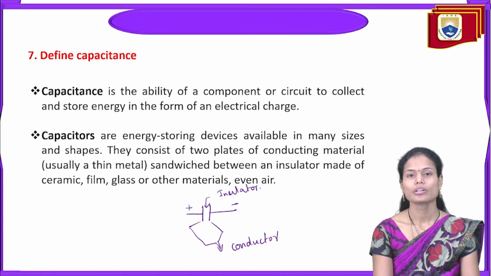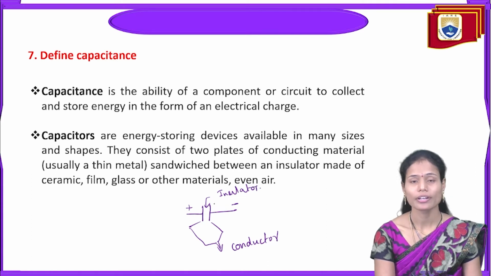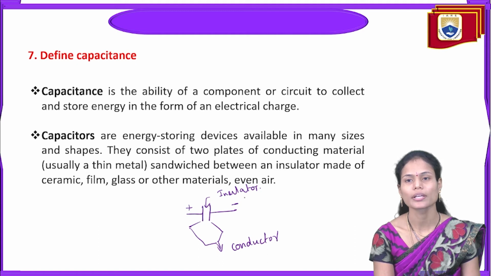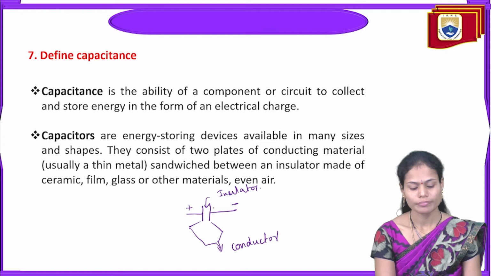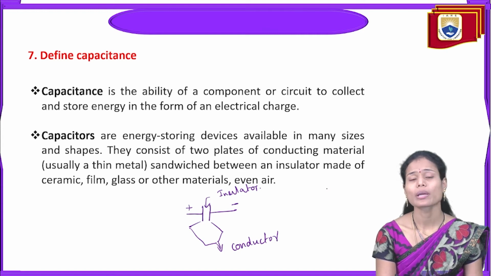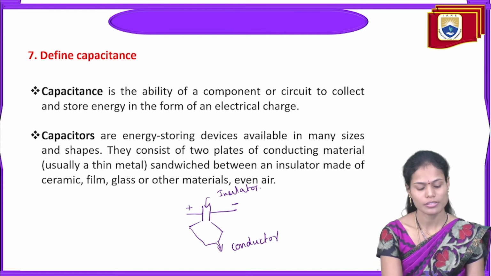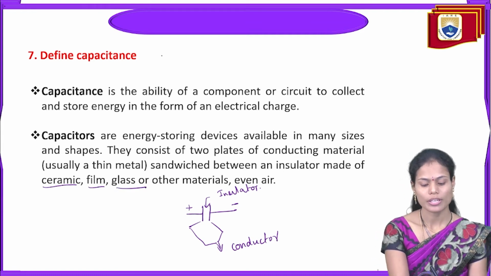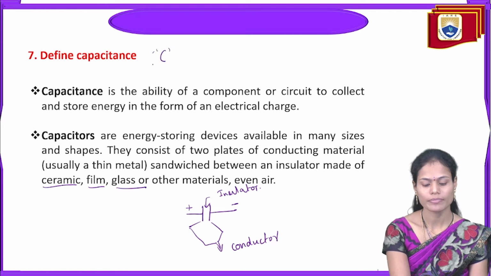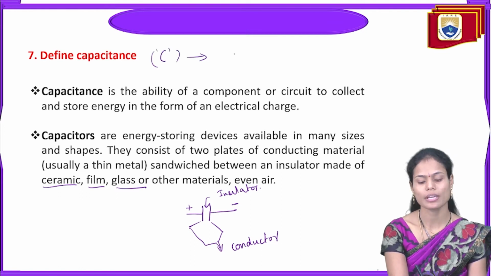The electric field or insulator between the two conducting plates is nothing but the capacitor. These capacitors are made of ceramic, film, glass, or other types of materials. We indicate capacitance with capital C, and the unit for capacitance is farads.